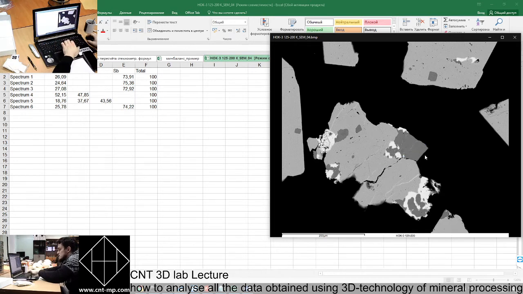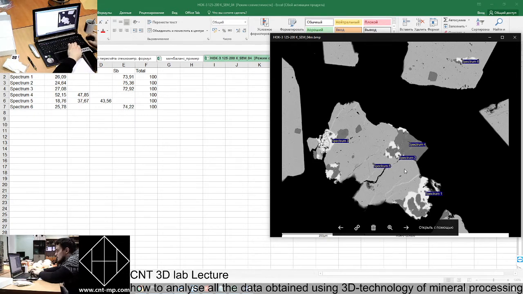And also we can see by the morphology of this intergrowth that it looks like cubic pyrite, and spectrum 5 is arsenopyrite. I think that this grain mostly consists of arsenopyrite, and the last one, spectrum 6, consists of stibnite.